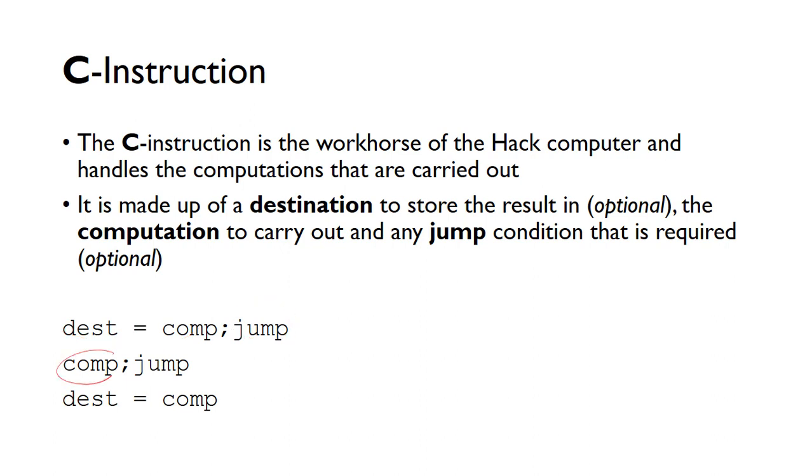You might want to do a computation and then jump without storing the result of the computation. Or you might want to just do a computation and store the result in the destination and not do any jump. So these are the three different formats of the C instruction, and that's essentially all there is to it. We've got our A instructions and our C instructions.